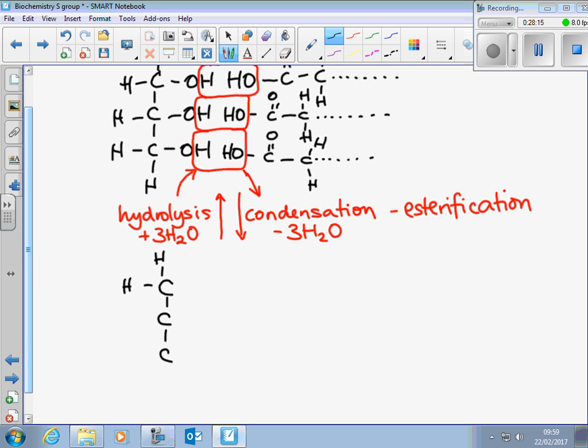But then, if you look at what's been taken out, the oxygens are left from the OH groups on the glycerol molecule, so they have an unpaired electron now that needs to join to something. On the other side, we've lost an OH that was attached to a carbon, so again, we've got an unpaired electron there.